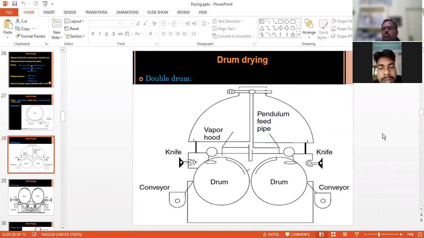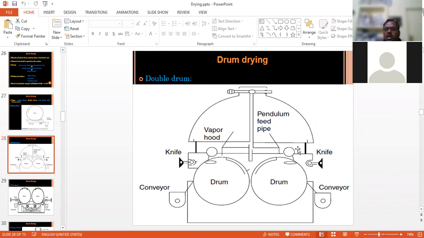That is actually mostly used for the manufacture of gulab jamun powder. This type of double twin drum is being used in only 3 or 4 plants remaining in India. We can see here that two drums are mounted, and there is a provision of knives.